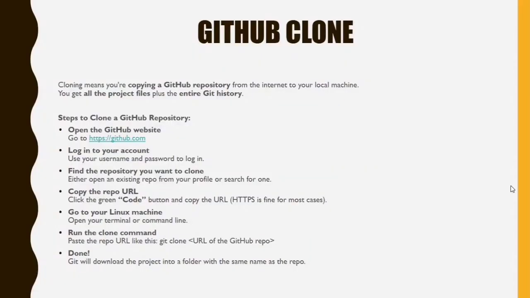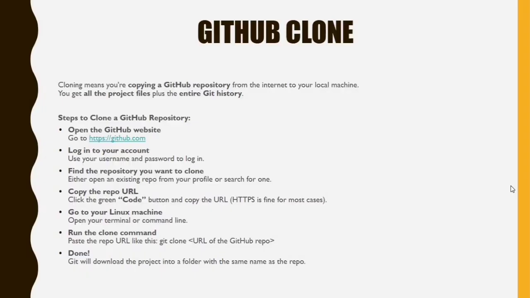So the next concept is all about GitHub cloning. The term cloning pretty much explains itself. You are making a copy of something. When you clone a GitHub repository, you are basically downloading the whole project from GitHub, a central repository, which we talked about earlier, to your own local machine or computer.